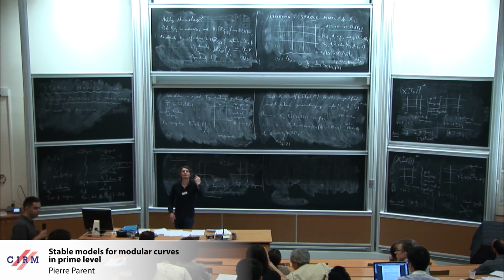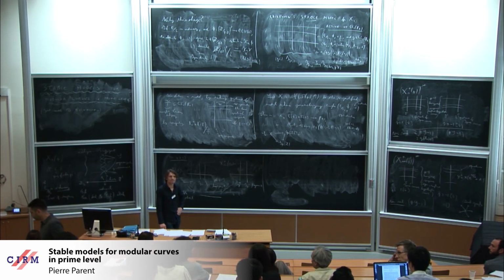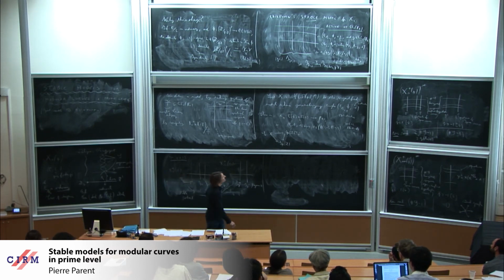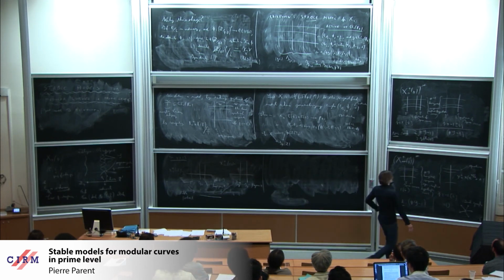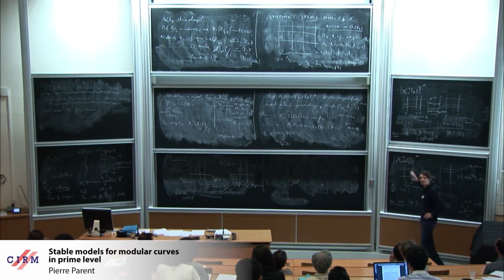Any other questions? Can you say something about the chain of inertia? In a few words, I'm not sure, but yes, what I can say is that when you compute the quotient of all those guys by the action of inertia, for instance in the non-split case, first, when you go down to Z, the horizontal components just contract, and then you are left with the components which do have a modular interpretation.